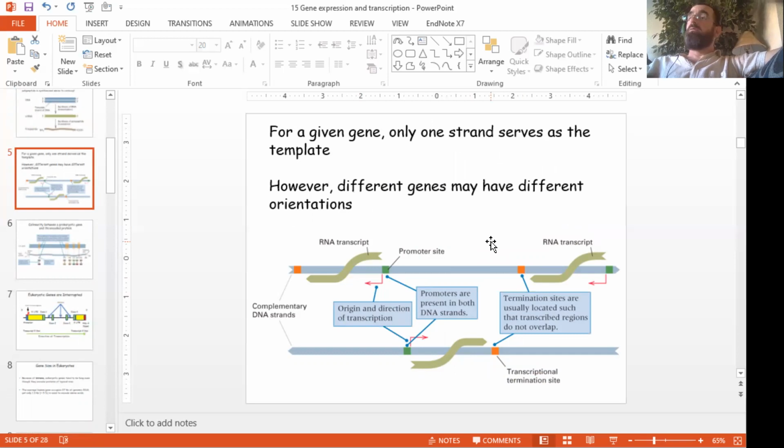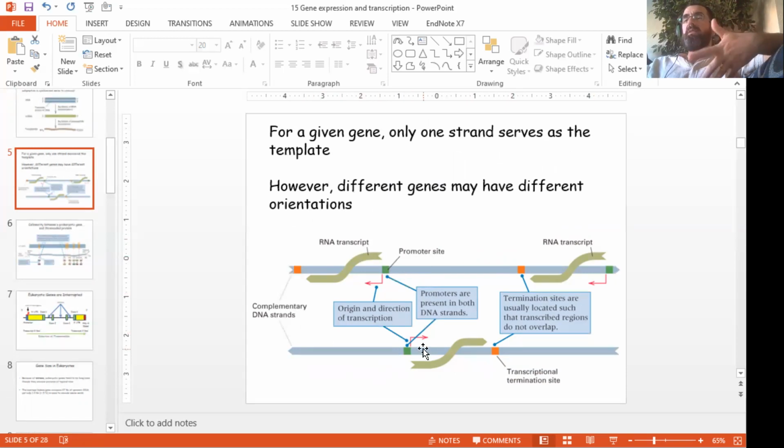So we've got double-stranded DNA. And that means if one strand can serve as the template, so can the other strand. We're just going to be going in other directions. So the upper strand here serves as the template, so we're going in that direction.